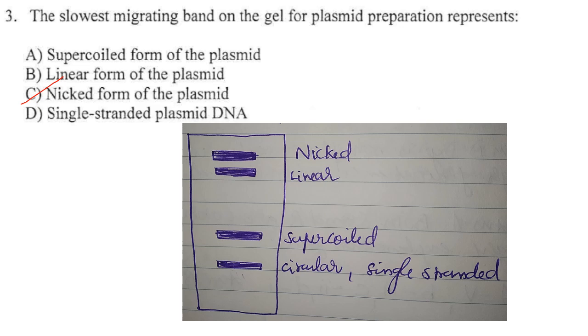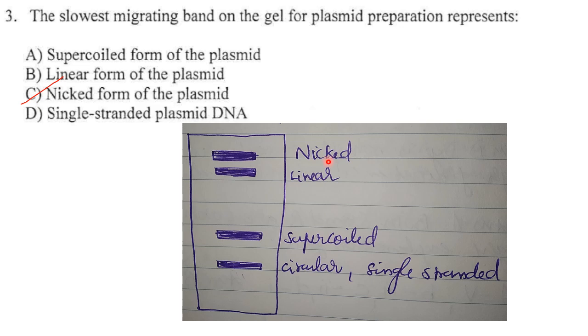Now the next one. The slowest migrating band on the gel for plasmid preparation represents. If you see the photograph that I have given here, you can see the various plasmid conformations, that is nicked, linear, supercoiled, circular and single stranded. What is supercoiled plasmid? That is the conformation that is found in vivo and it migrates faster in an agarose gel. What is nicked? Nicked happens during replication.